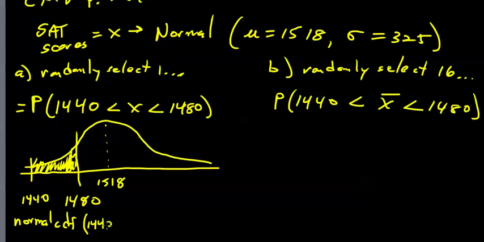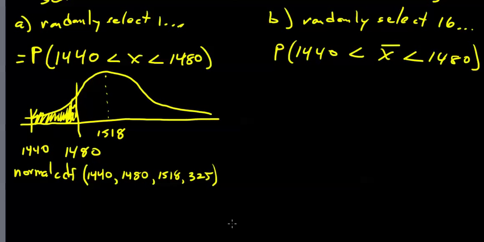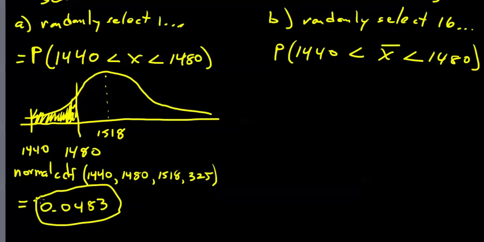Again, you plug in a lower bound, an upper bound. We're in a non-standard case, so you've got to plug in a mean and a standard deviation, 325. And if I punch that out, I get 0.0483. And again, nothing new there. That was really a section 6.3 type problem. How about part B?